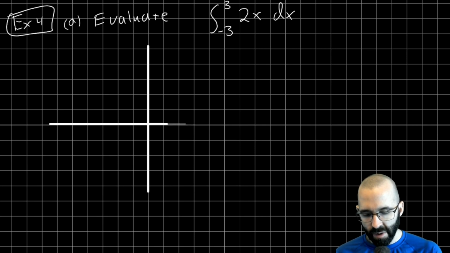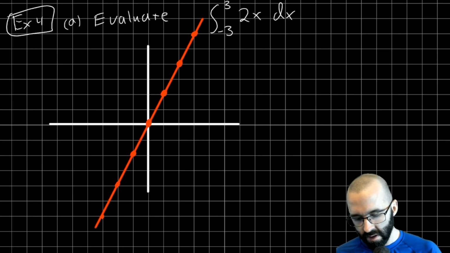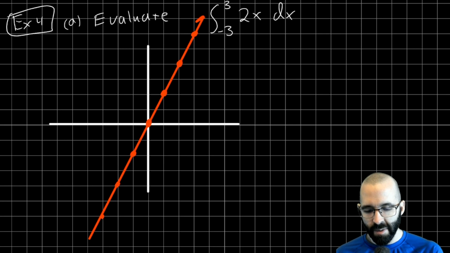We're going from -3 to 3. All right, and it's a line 2x, so it has a slope of 2, y-intercept is 0. It's going to look something like this. See, this is one nice thing about recording videos. I could never draw this straight line in class.